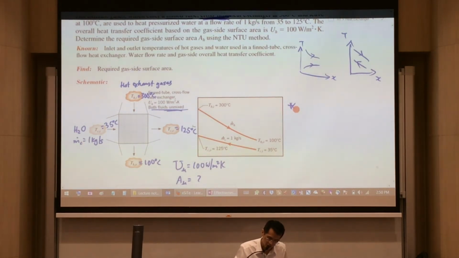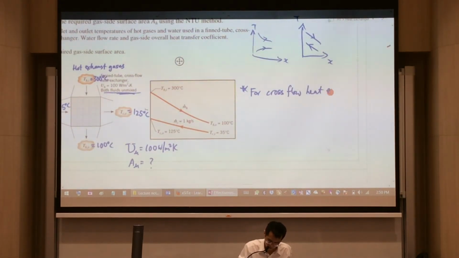For cases that are not parallel flow, for a cross flow heat exchanger, the flow temperature profile, meaning this T-x profile, is as if it were counterflow.